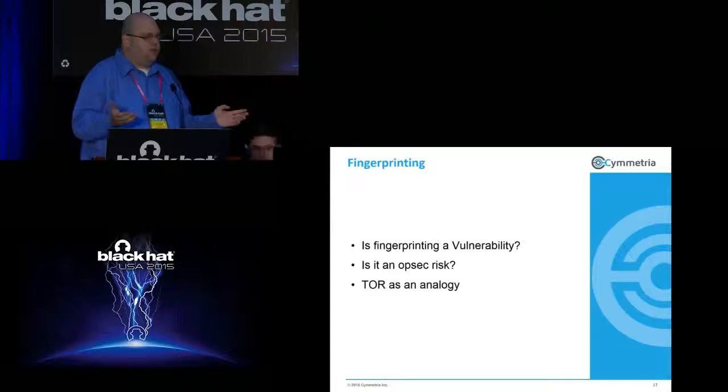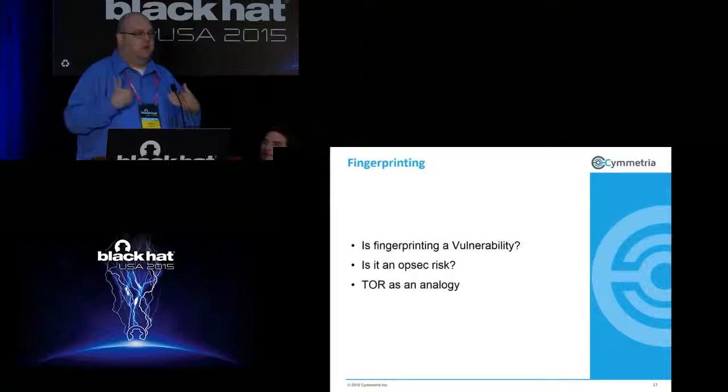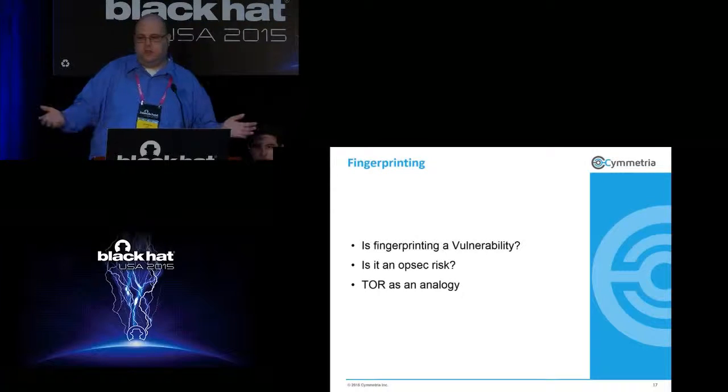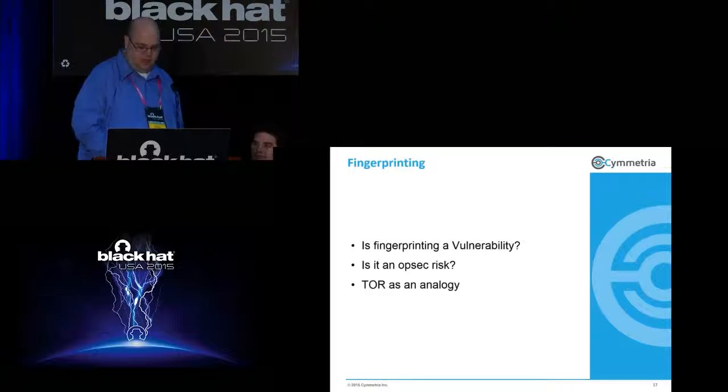So the purpose of a honeypot is something we discussed. If you can tell it's a honeypot, is that a vulnerability? I personally think yes, but the fact of the matter is this is the design and the state of the technology right now as it sits. So calling it a vulnerability is unfair, but then you look at the OPSEC of this and say, I can detect this thing. So it's a discussion to be had.